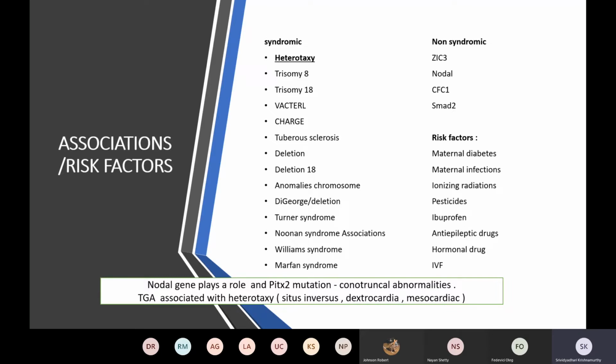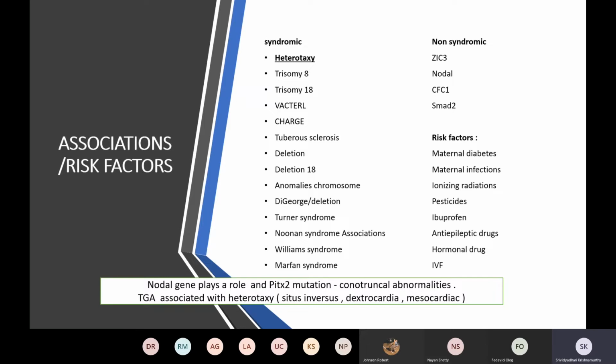There's another gene called ZIC3, which is implicated in heterotaxy. Except for heterotaxy, the rest of the things listed on this slide are associated more with TGA along the DORV spectrum and tetralogy of Fallot-like presentation.